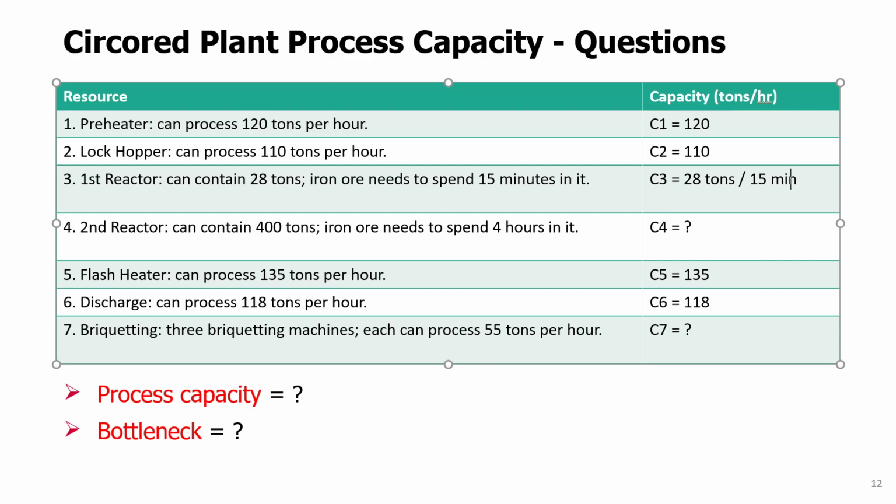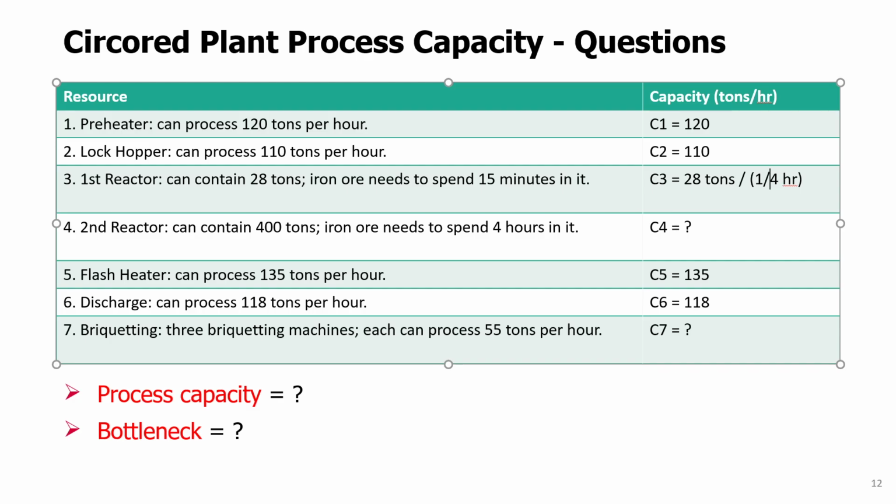Now I want you to see that 15 minutes is in fact 15 over 60, a minute is 1/60th of an hour. So I can rewrite it as 15 over 60 of an hour. And of course, dividing by 15 over 60 is like multiplying by 60 over 15, or you could simplify it as 1/4 of an hour.